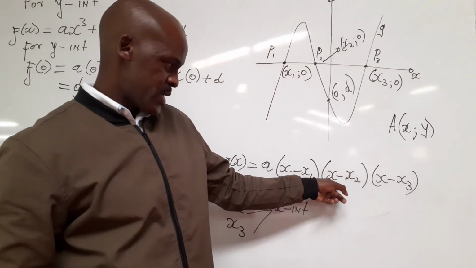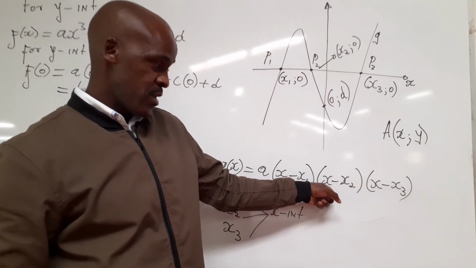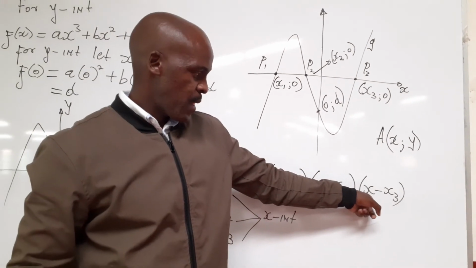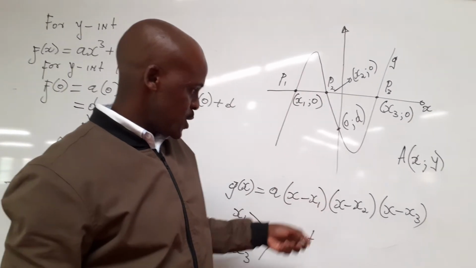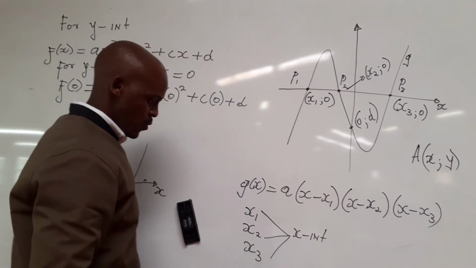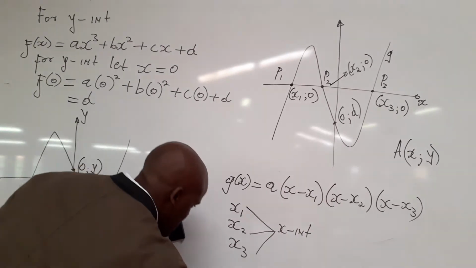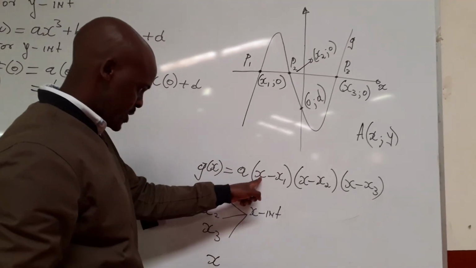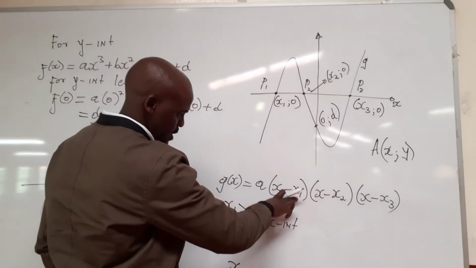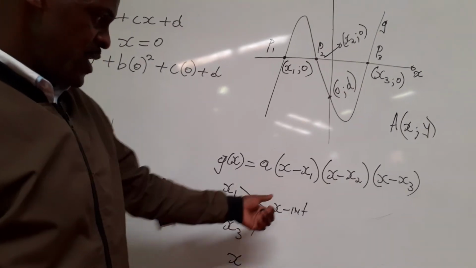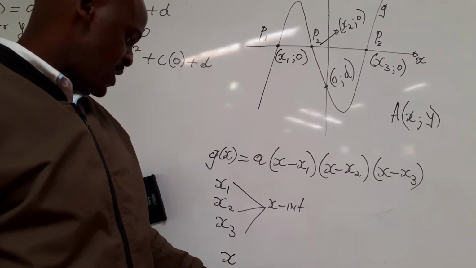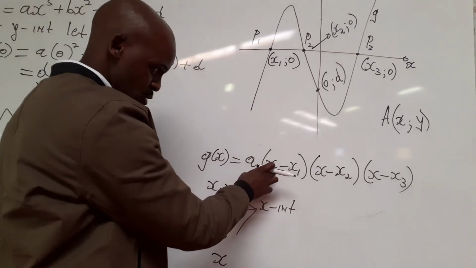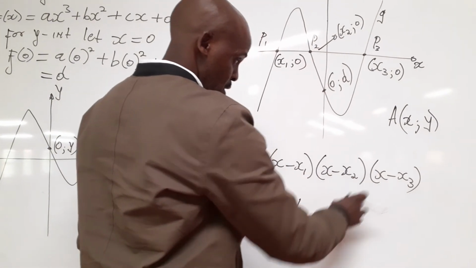x times x is x squared. Times x, it's x cubed. That will give us a cubic function. It has to be x cubed. Therefore, that x is not the same as x1. x3 is not the same as x. So we've got x, x, x.